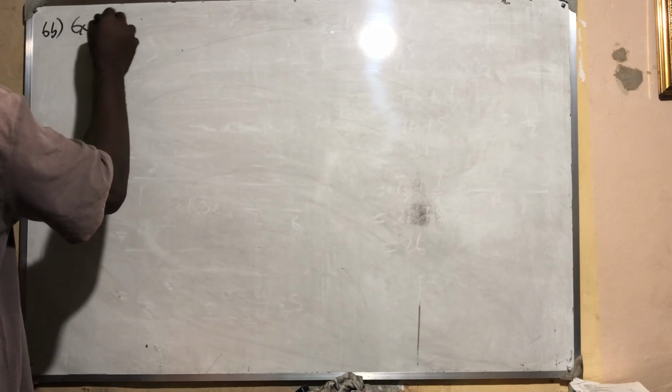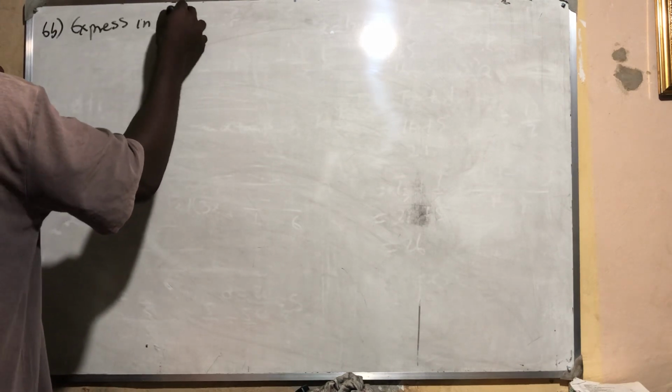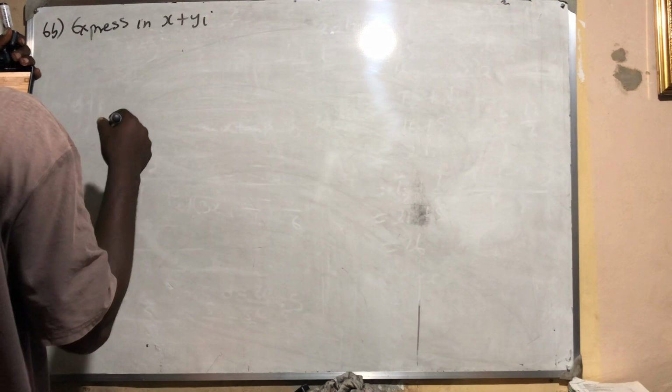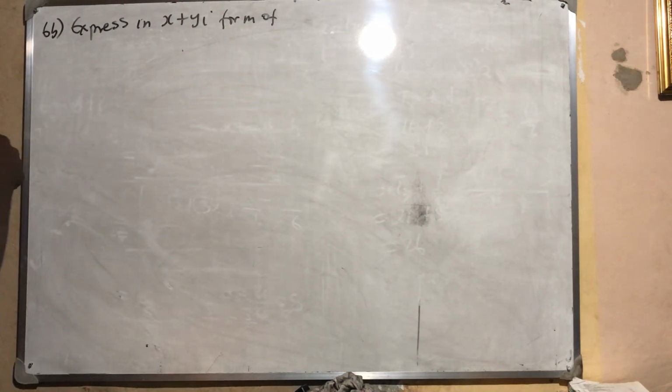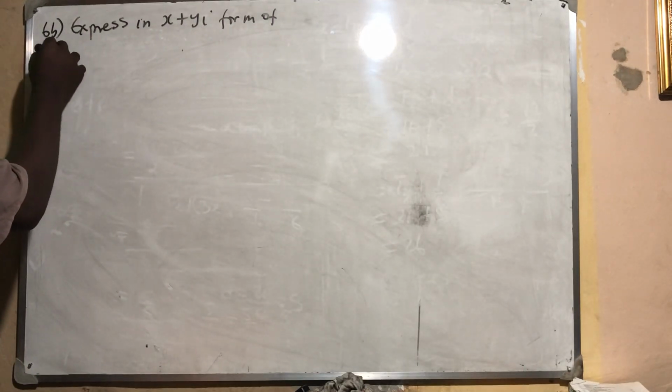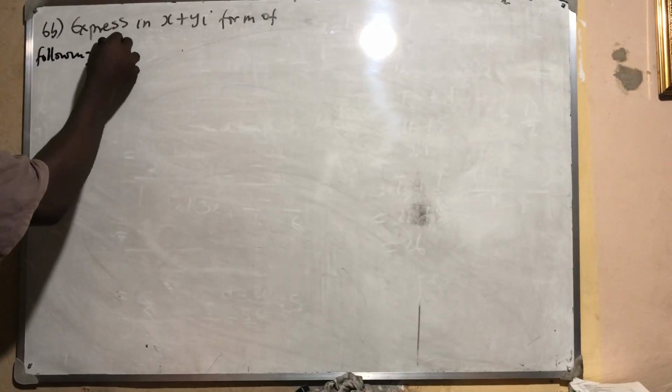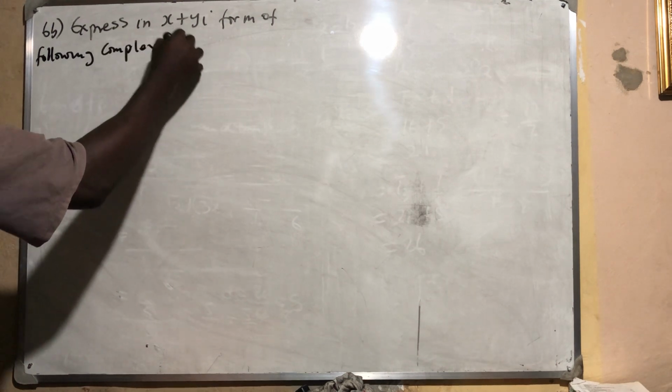All right? So the B part of it, 6b, says express in x plus yi form the following complex numbers.